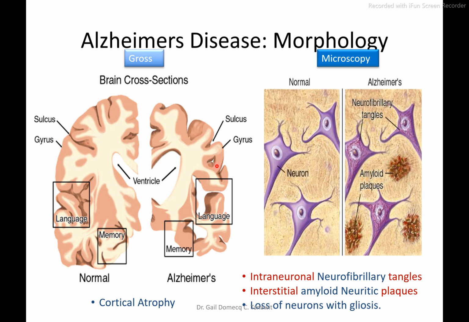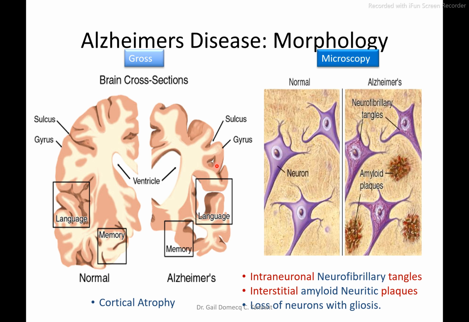So this is the microscopic view of the normal brain, and this is the microscopic view of the patient with Alzheimer's disease. As you can see, these are the amyloid plaques that form outside, your extraneuronal lesions found in patients with Alzheimer's disease. And this is the neurofibrillary tangles, which are located in the cytoplasm, or within the neuron.